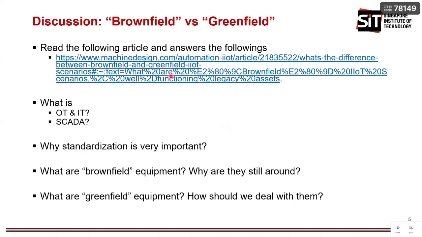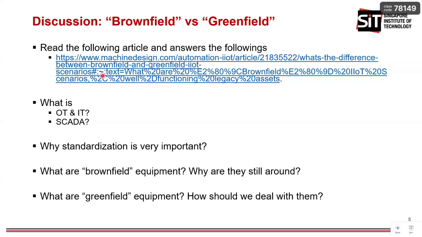So first of all, we are in an era of transition, right? The transition between brownfield equipment versus greenfield equipment. There is further elaboration in this hyperlink that I would like you to read later during the short break. Then after that, we'll come back to talk about some of these terms.